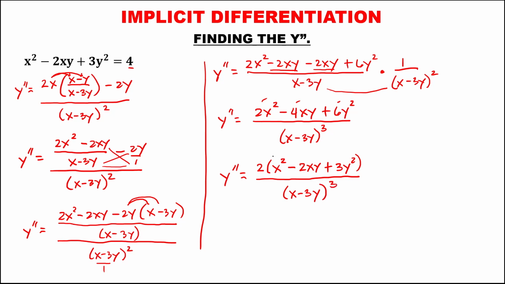Then observe that this equation x squared minus 2xy plus 3y squared is equal to 4.